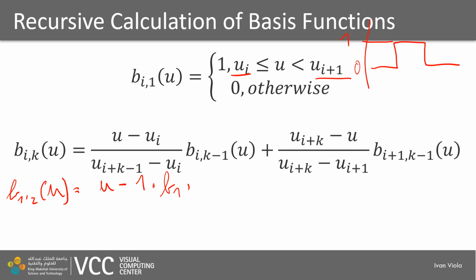B_1,k-1, B_1,1(u). And what is B_1,1(u)? Well, it's 1, so we are multiplying this term by 1, and we can save ourselves the energy. So u minus 1, but the important information is on which range this function has these values.